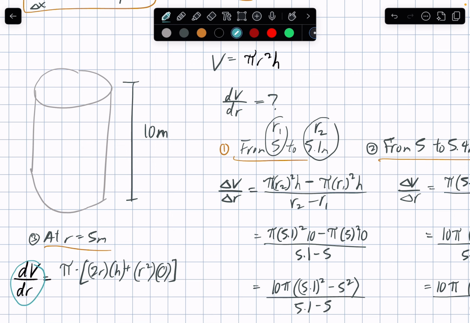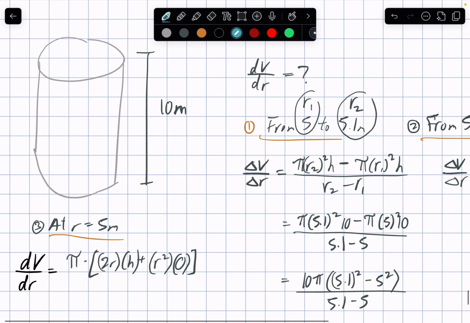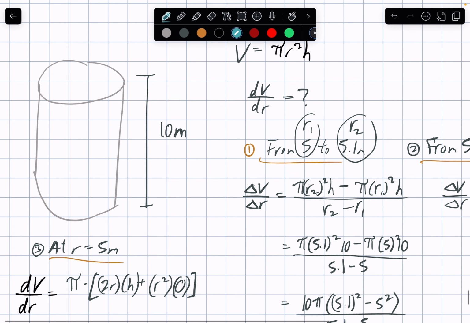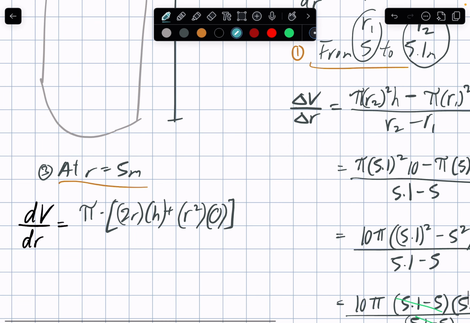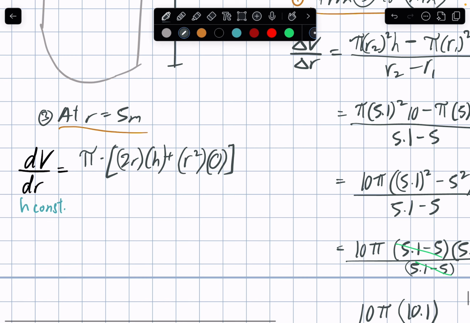Since our expression here is with respect to R, that basically means all other letters in an expression such as this are considered constants. So H here is a constant. Similarly, this way of thinking is going to be needed when solving for partial derivatives. That's going to be a future lesson, so keep in mind.